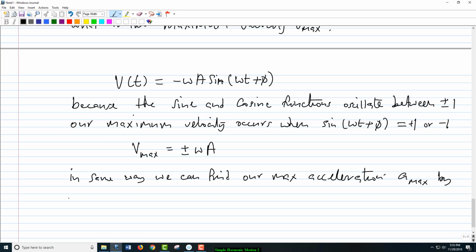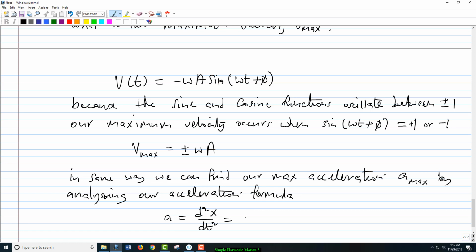In the same way, we can find our maximum acceleration, let's call it a max, by analyzing our acceleration formula. And our acceleration formula was a equals d squared x over dt squared, and that was written as minus omega squared a cosine of omega t plus phi.